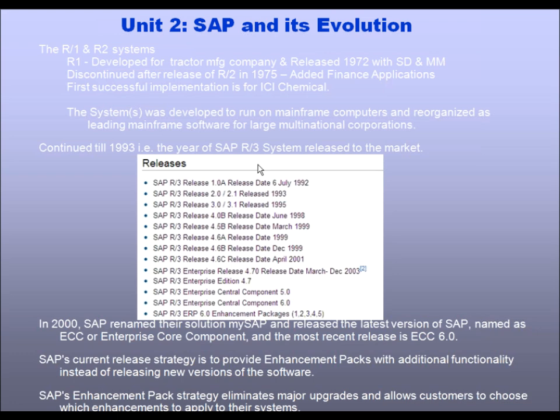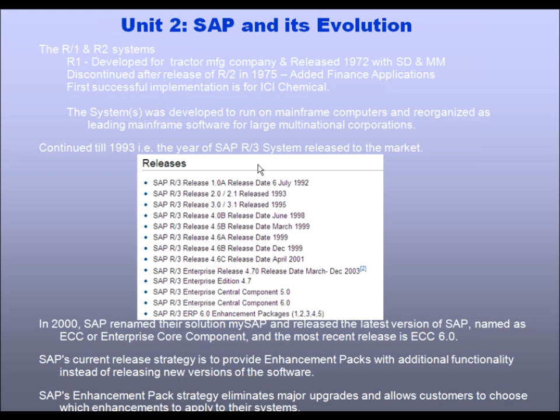So like I said, after establishing the company in 1971, in 1972 they developed a software application and named it SAP R1. R1 stands for real-time single-tier architecture. In the 70s, we didn't have client-server technology available.